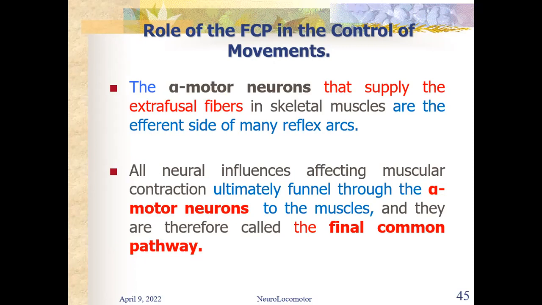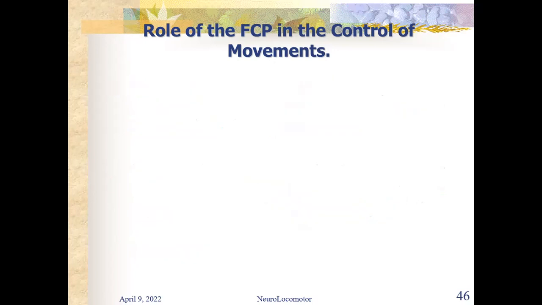The alpha motor neurons that supply the extrafusal fibers in skeletal muscles are the efferent side of many reflex arcs. So for a reflex arc involving the skeletal muscle to be complete, the alpha motor neuron must be involved. That alpha motor neuron is known as the final common pathway that is involved in the control of movement.